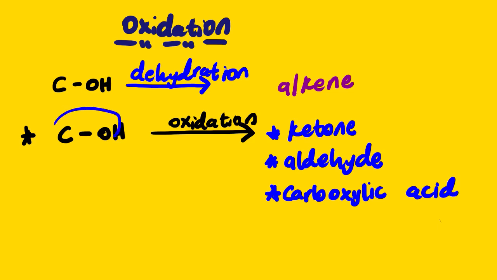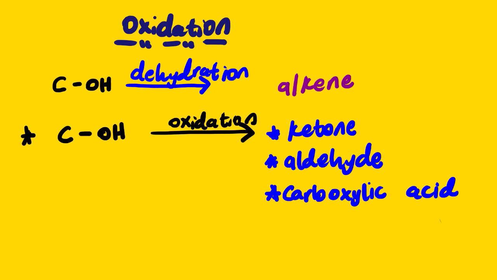So whenever you take an alcohol and it undergoes oxidation, one of the three possibilities will actually occur. It depends on the type of alcohol we have to yield a particular functional group.